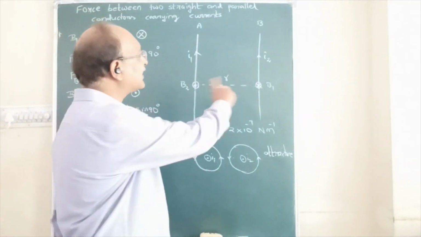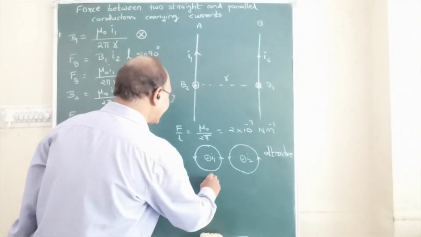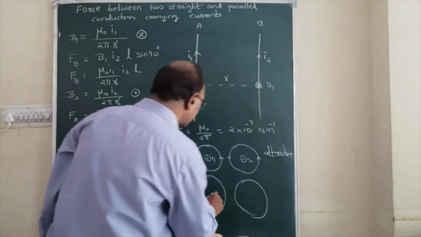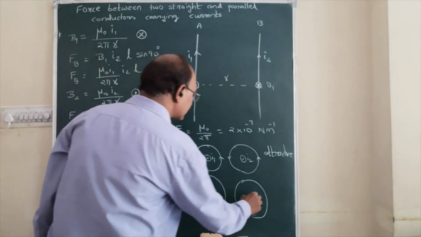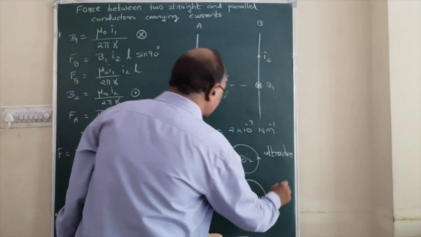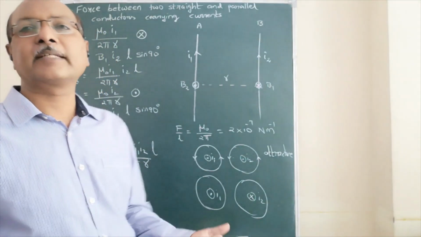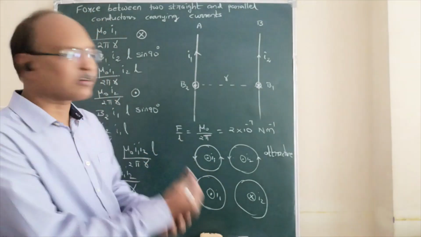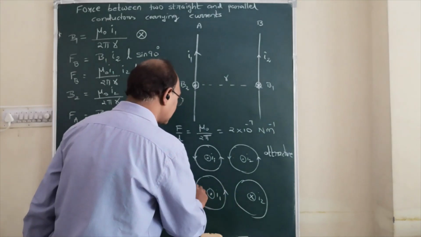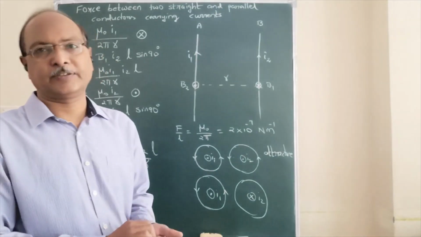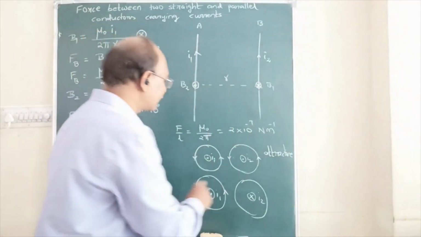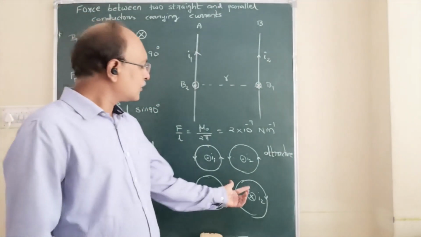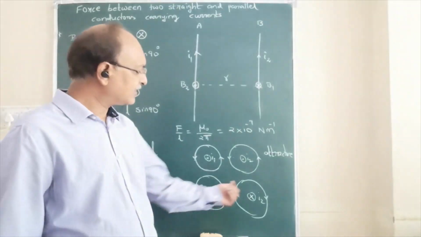Suppose the currents are in opposite direction, you can indicate like this. So currents are in opposite direction. Then here the magnetic field is anti-clockwise, and for this one it is clockwise.